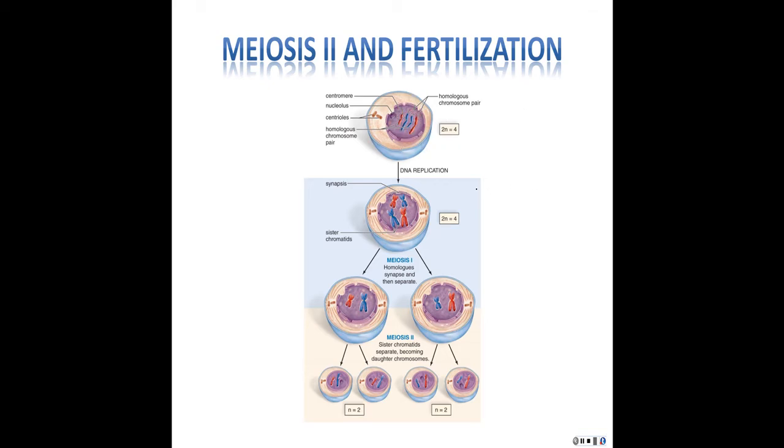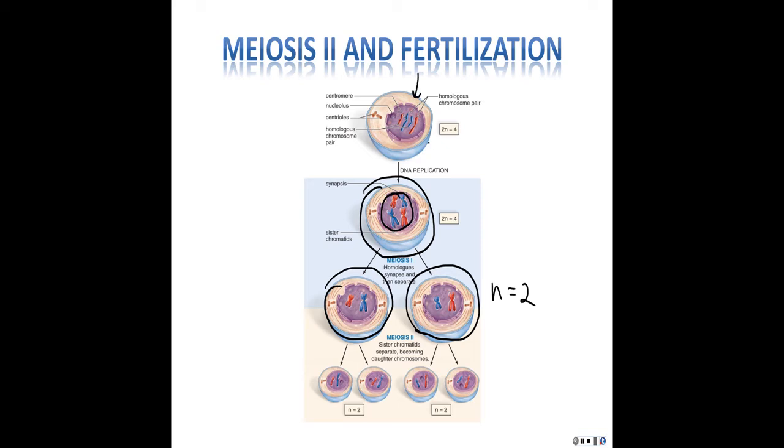During the first meiosis, you can see the cell goes from 1 cell with a 2N of 4 to 2 cells, each with an N of 2. Okay, so we've reduced the number of chromosomes. The original cell had 1 of each, so think of 2 pairs of socks.